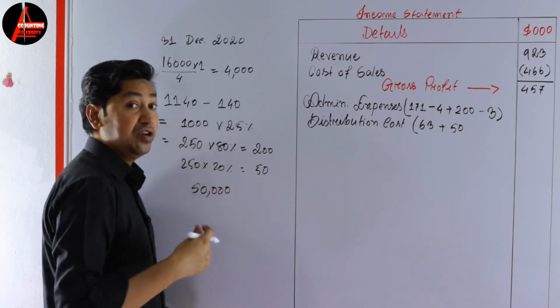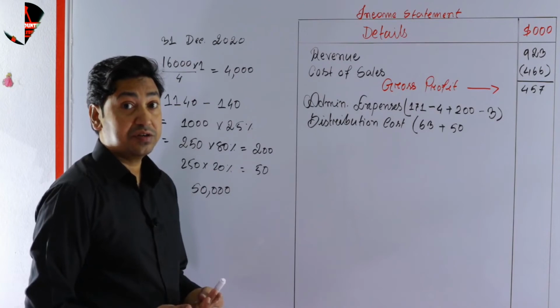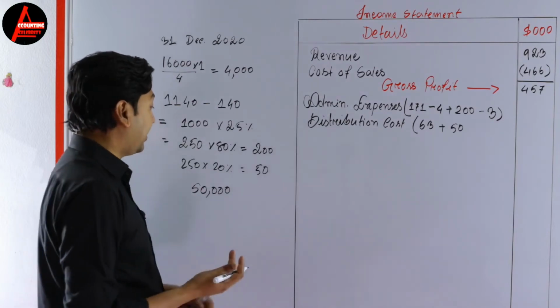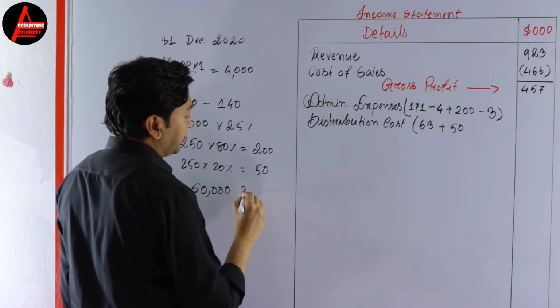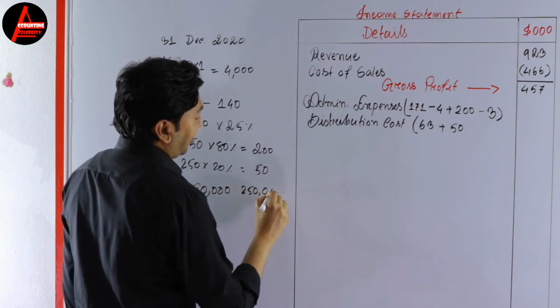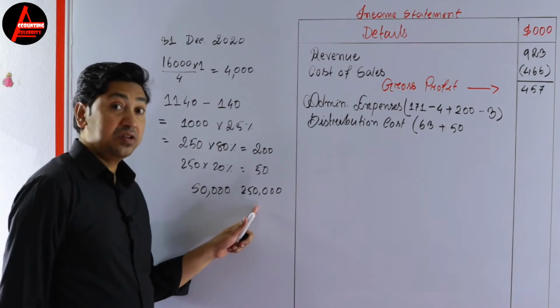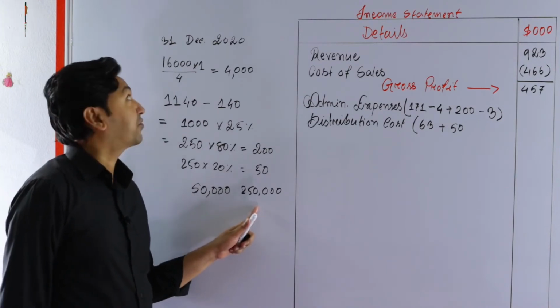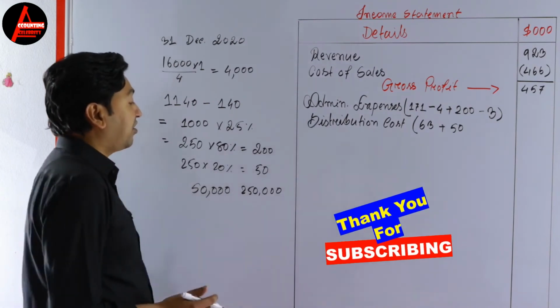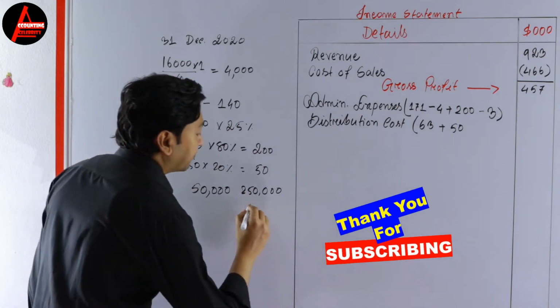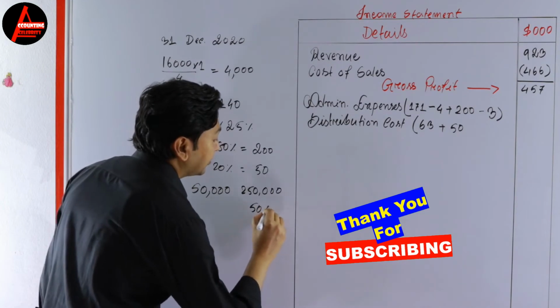In the question we already have debenture which is $250,000. Is this amount from the beginning of the period, from the 1st January 2020? No. The $50,000 was taken in the middle, 1st October 2020.